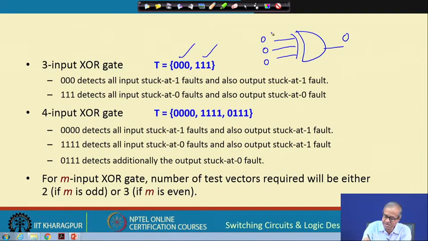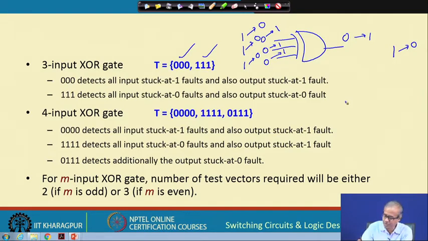So, if the first one changes from 0 to 1, that means there is a stuck at 1 fault, it will be detected. Second line stuck at 1 fault will also be detected. Third one stuck at 1 will be detected, and output stuck at 1, of course, will be detected. Similarly, if we apply 1 1 1 in the input, the output will be 1. So, any stuck at 0 fault will make the output 0. So, these 2 test vectors are sufficient.